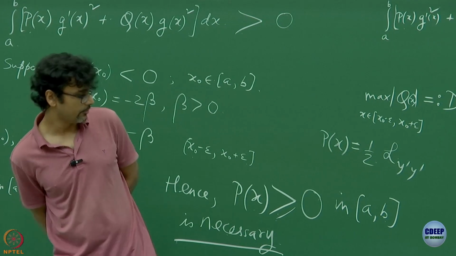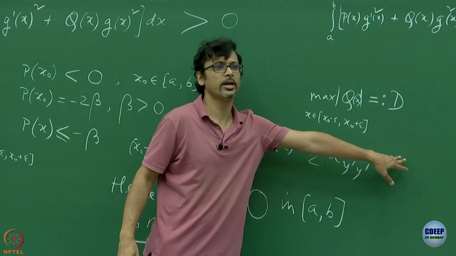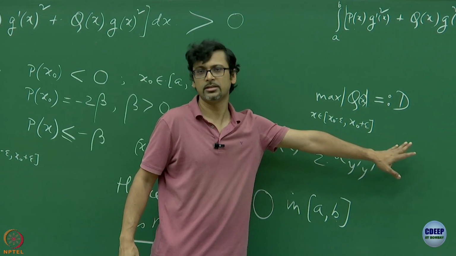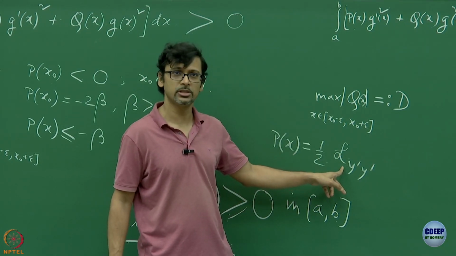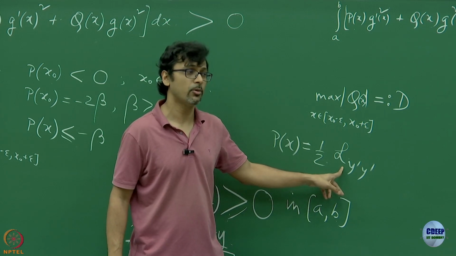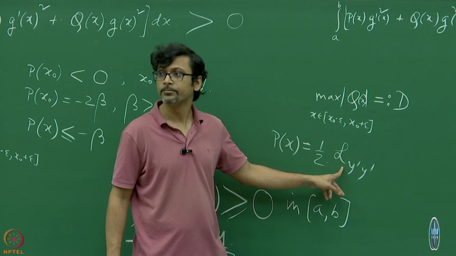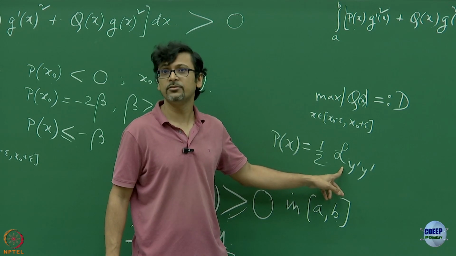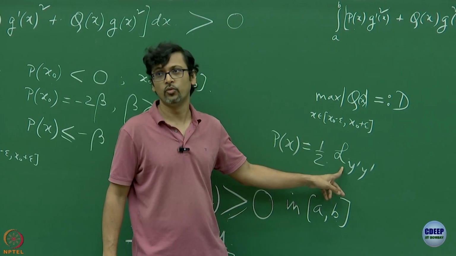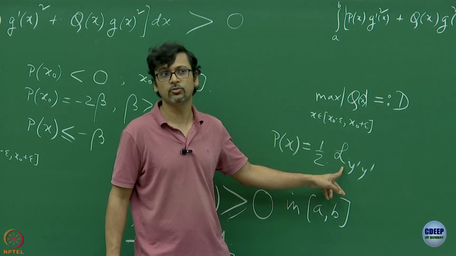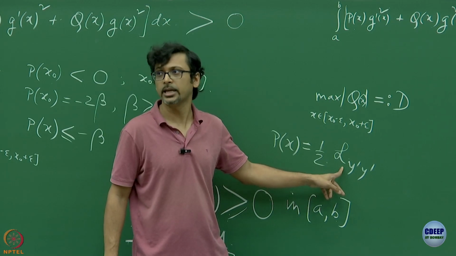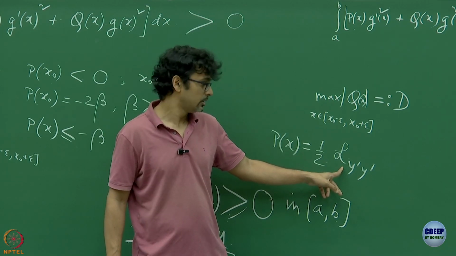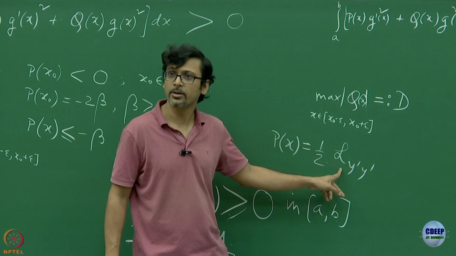P being, of course I am omitting the arguments of x, y and y prime here, that is understood. So P being positive implies L y prime y prime being positive. L y prime y prime being positive implies the second derivative of the Hamiltonian with respect to z evaluated at y prime, which is the slope of the extremal at x, that was negative of L y prime y prime, remember?